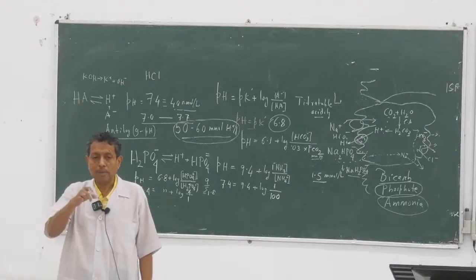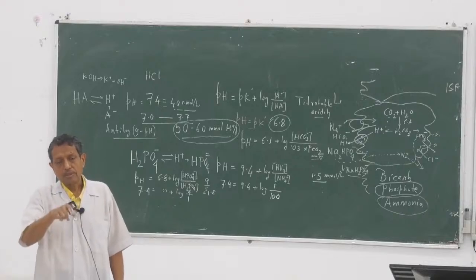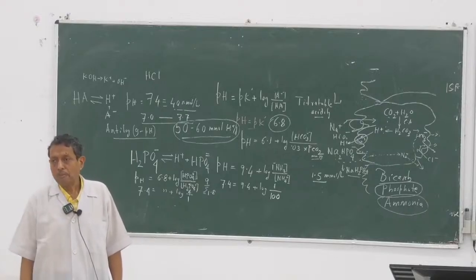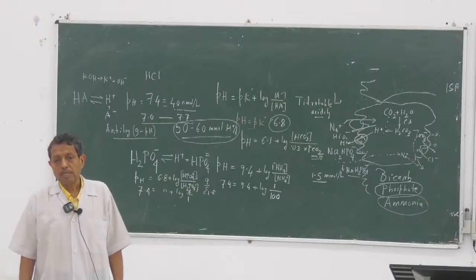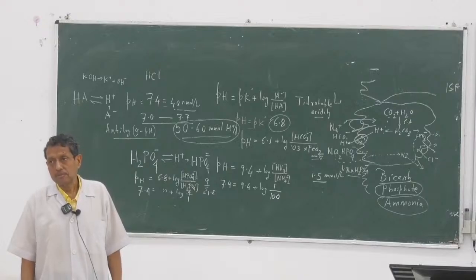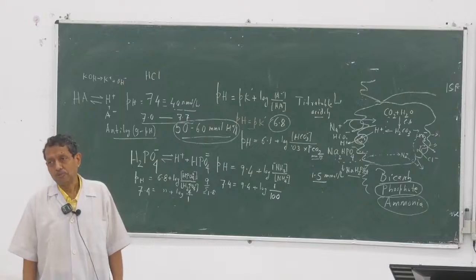And so whatever bicarbonate is available, it will mop up, further increasing the bicarbonate level. In respiratory acidosis, the bicarbonate level initially is more, it will further increase when it is compensated by the kidneys, and the pH tries to return to the normal value.